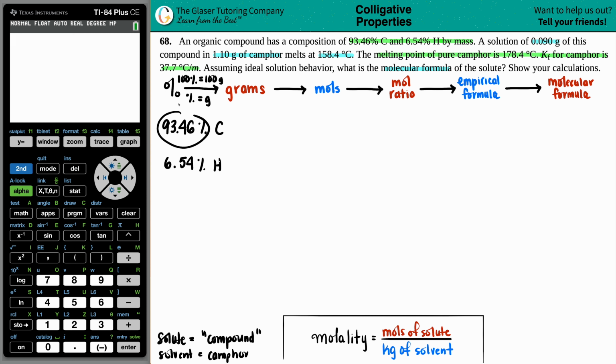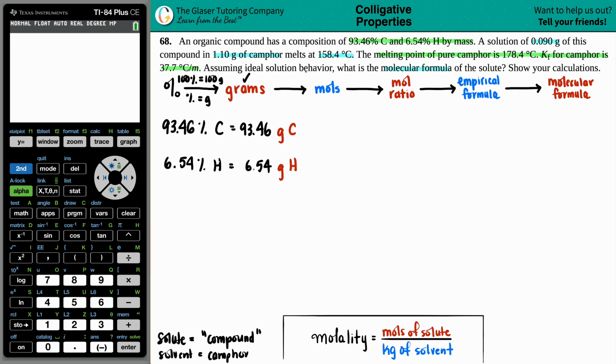So out of the 100 gram sample, I have 93.46 grams of carbon and 6.54 grams of hydrogen. So now I'm at this stage. Now I want to go from grams to moles because I'm getting closer to what I want, that molecular formula.